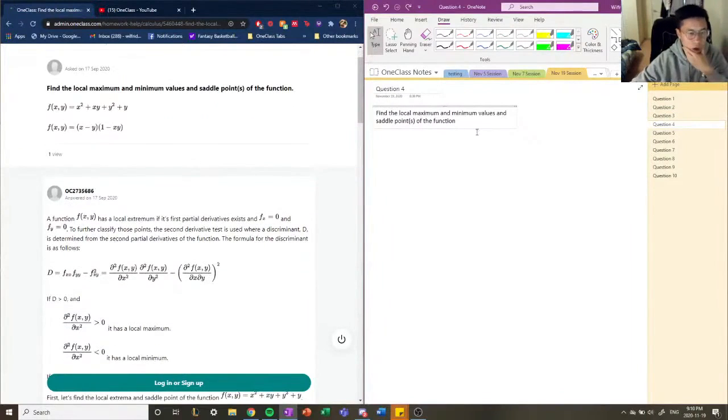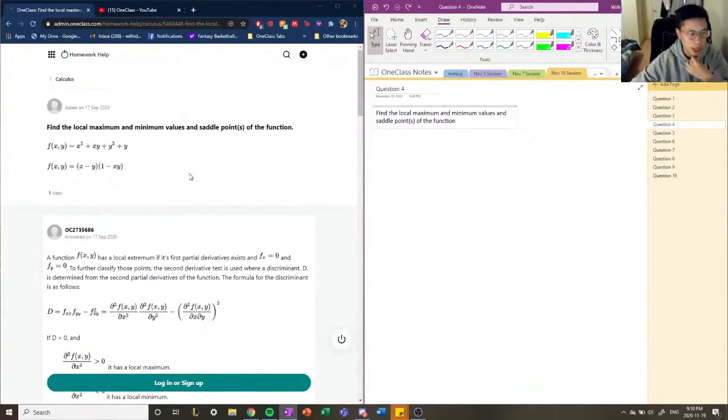Okay, so we need to classify what a local extremum is, first of all. A local extremum is somewhat like a critical value, but it's for mostly multivariable functions. So a local extremum occurs when the partial derivatives of function f are all 0.